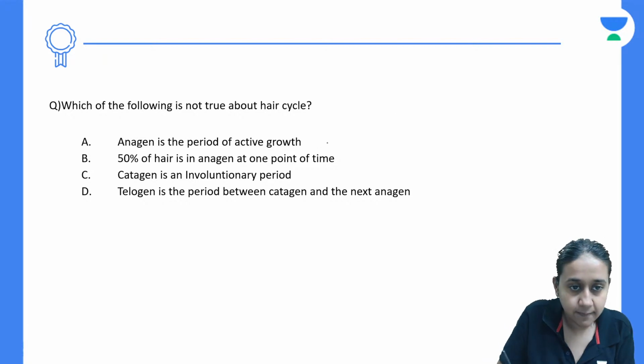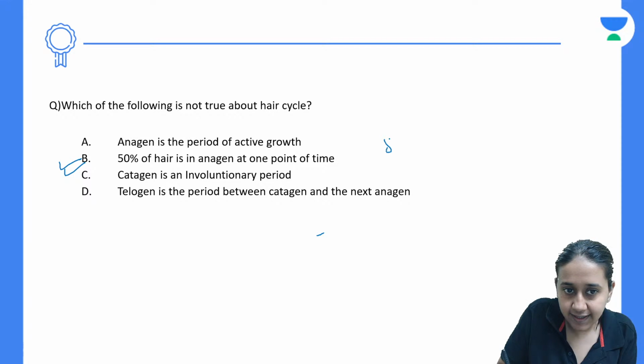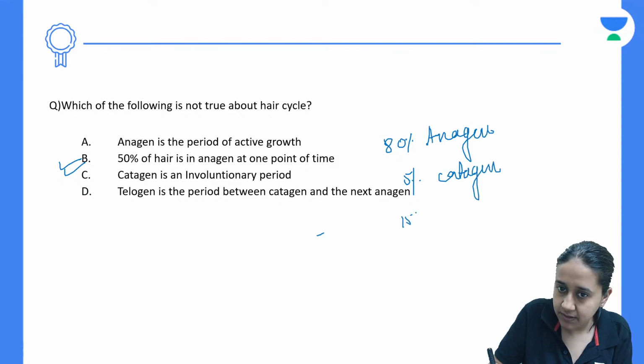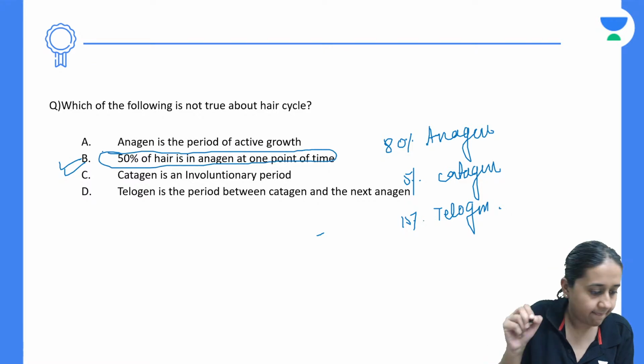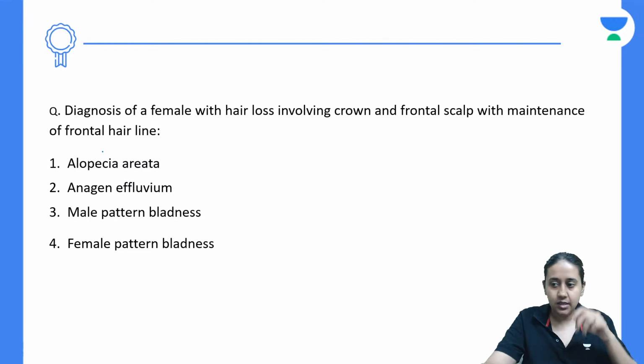The correct answer is, at one point of time, total 80% of the hairs are in anagen, 5% in catagen, and 15% in telogen. So the incorrect statement is option number B. Clear? The incorrect statement is option number B. Moving to the next.